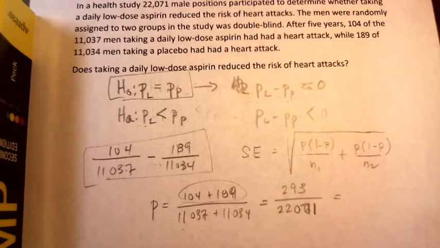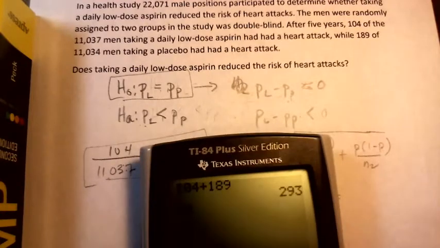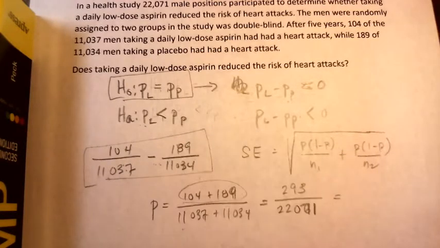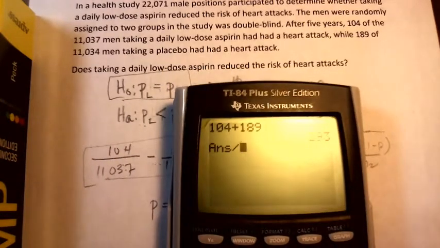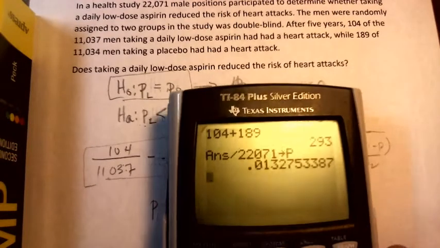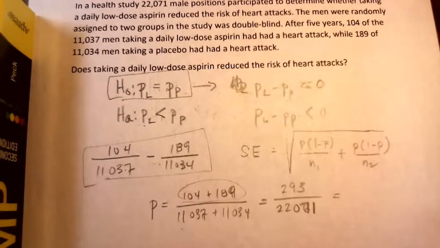We're going to store that as our p. So I'm going to take that last answer and store it, divided by 22,071, and call that my p, alphabet p. Okay, cool beans. So now we know what our p is.